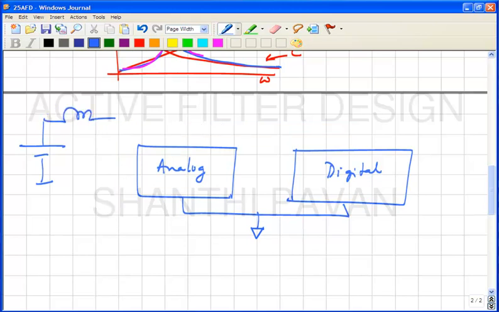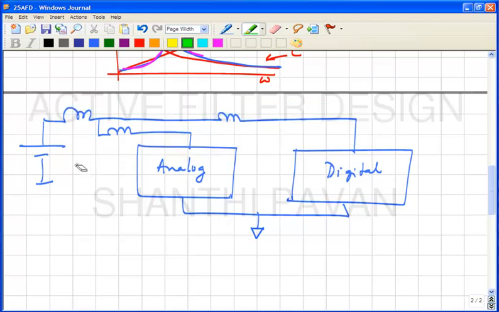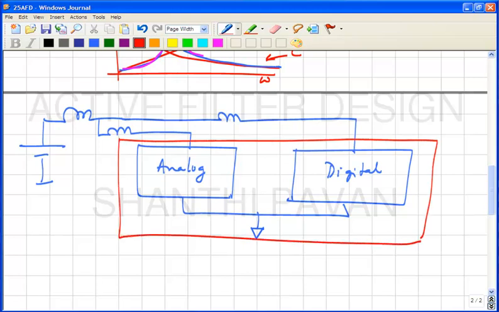Now, a smarter thing to do would be to bring the analog out separately, correct? The digital out separately, and join them on the board. This is the chip boundary.